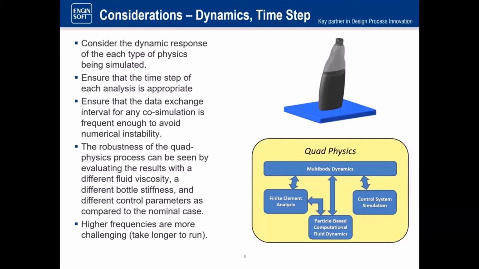The other thing you can do is look at the output data and run an FFT on it and determine what kind of frequencies are present in different locations in the model, and then make sure, depending on how high the frequencies are, that the time step is appropriate to capture the behavior of those frequencies.